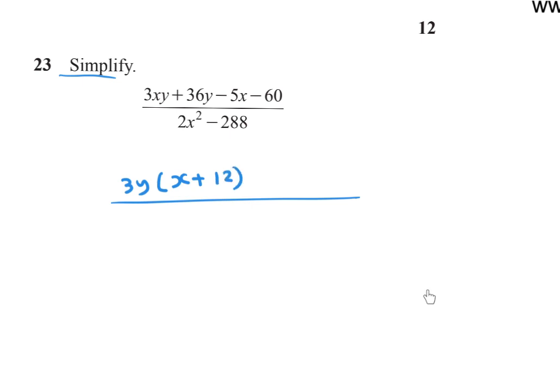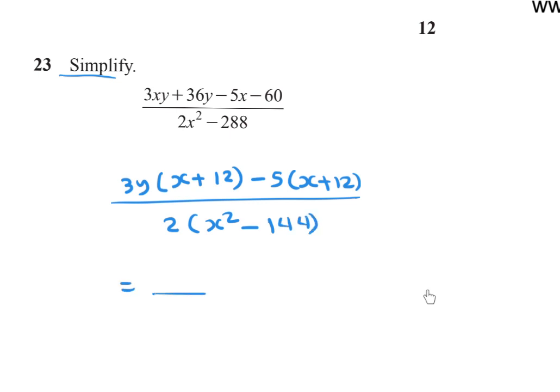For the last two, we have negative 5 common, so you are left with x plus 12. For the denominator, we have 2 common, so 2 into x squared minus 144.